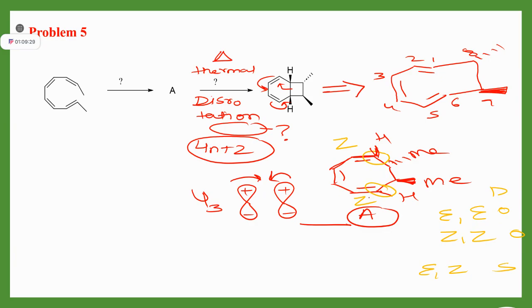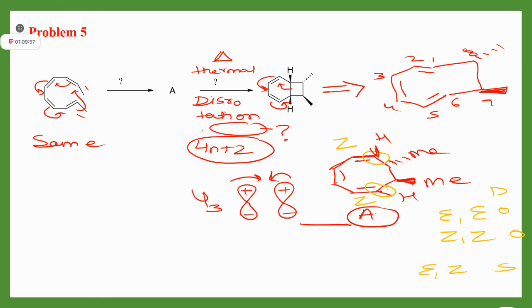Now how will you form this A from this? This is very easy. You have to do this. Just rotate these bonds. Now you can see the direction of the methyl substituent is the same. By looking at it you can also say that in the reactant your methyls are on the same side.